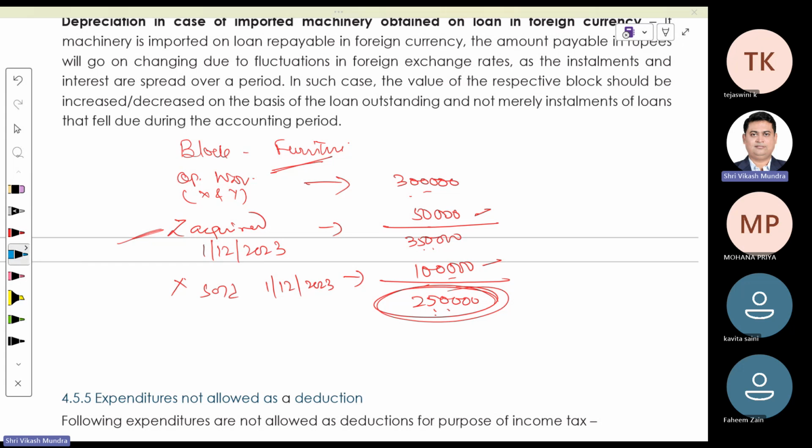You have 1 minute time. Tejaswini, anyone?